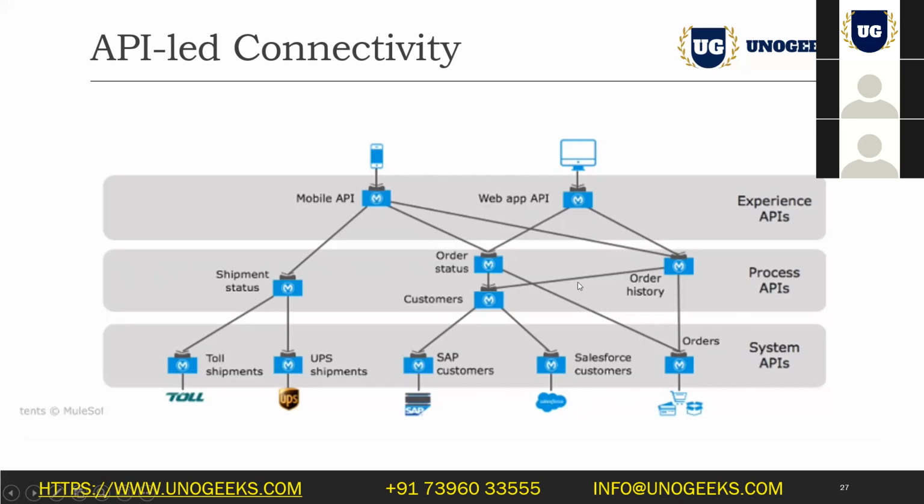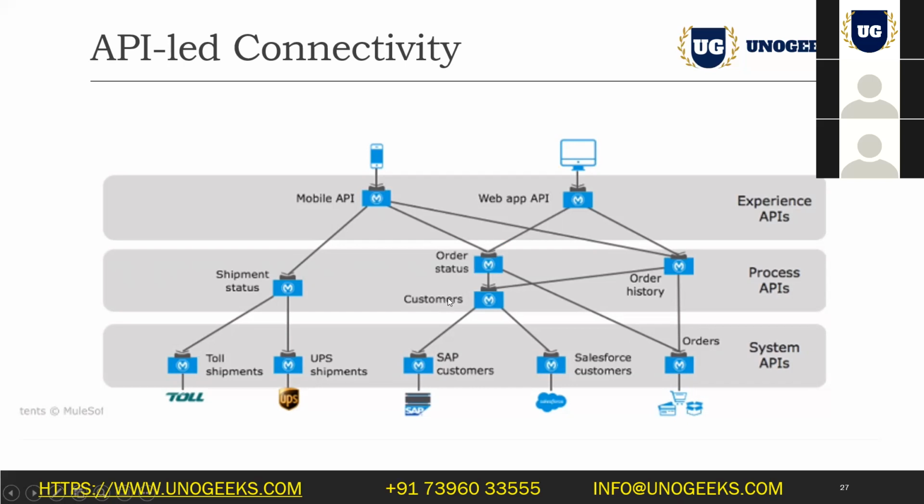Then over the top, we will build the process API. What is a process API? Typically, we have one system API, SAP customers, and another, Salesforce customers. If you want some details from SAP customers and some details from Salesforce, we will develop an API called the process API, customers API, and in this API we will have details of the customers.